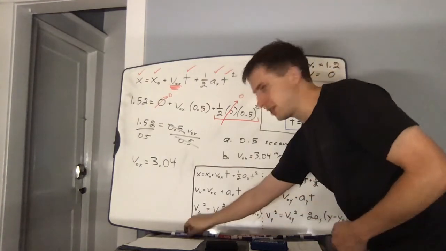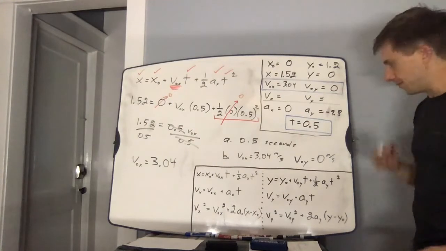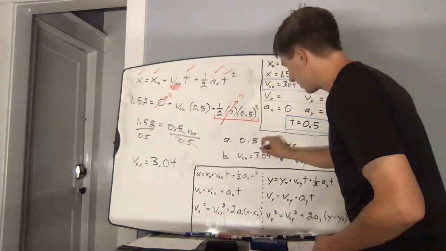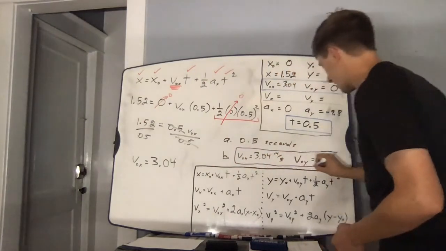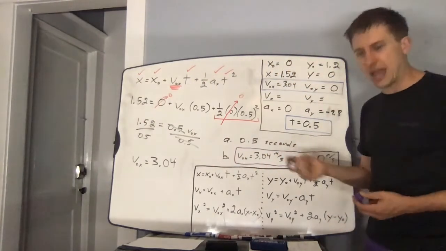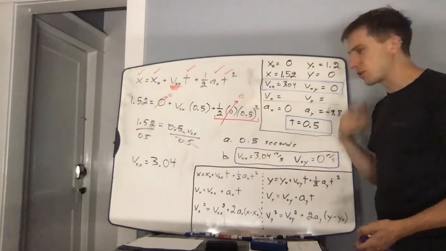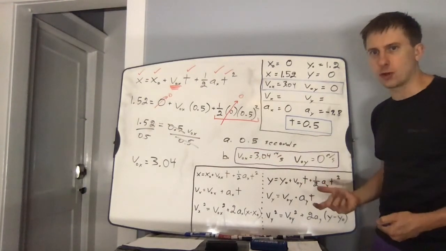In order to get full credit on this problem, for part B, you need to include both v initial x and v initial y, because a vector has a magnitude and a direction. So you could write v initial x is 3.04, v initial y is 0.